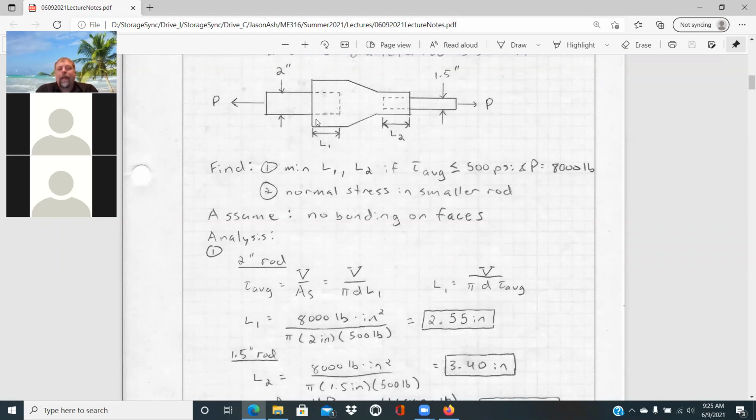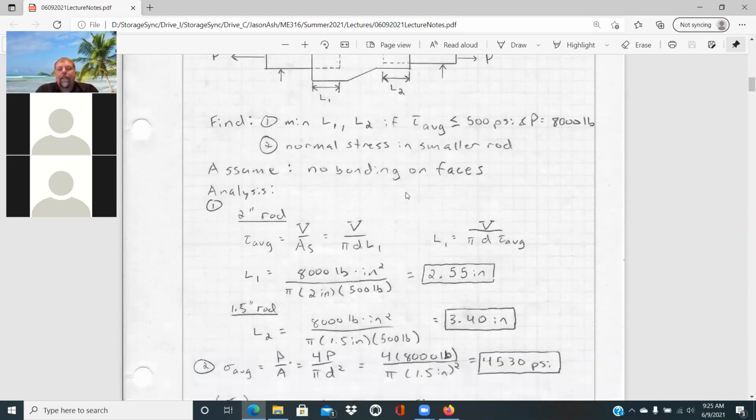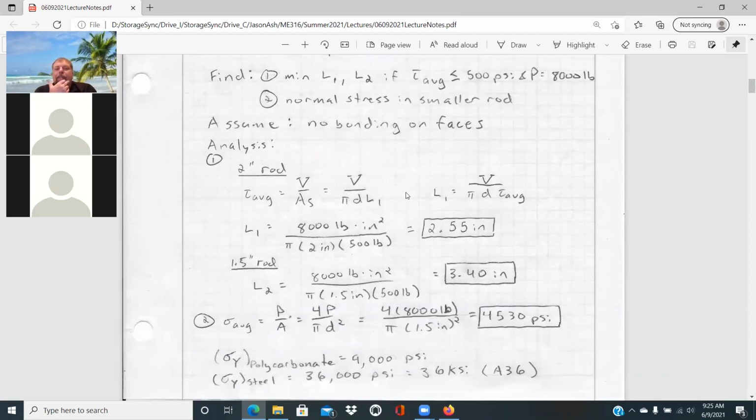So pi times diameter times L1. And so with that, our constraint is keeping the average shear stress less than 500 psi. And so we can rearrange that to solve for the L1 that would be required to maintain that shear stress less than that point.